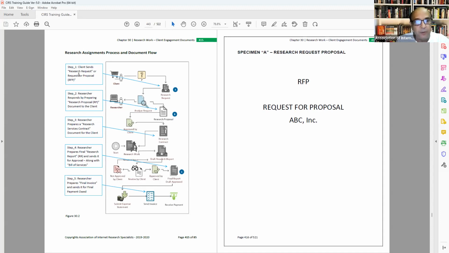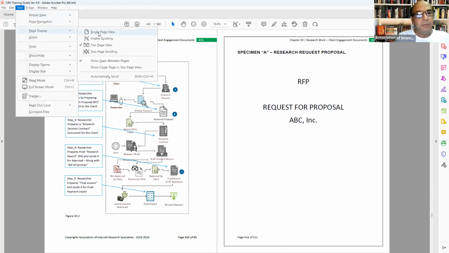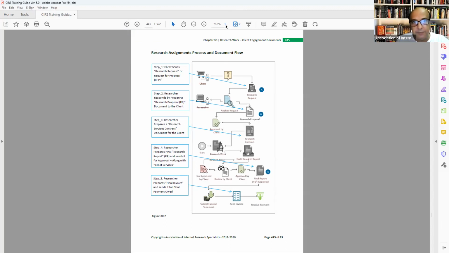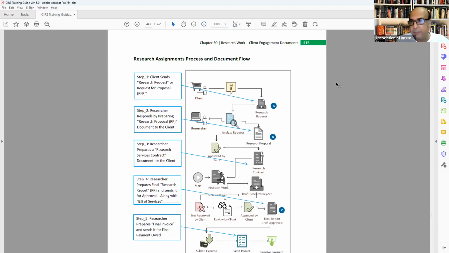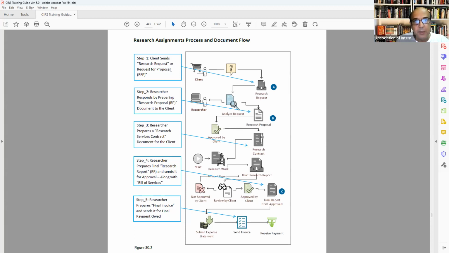In your book on page 415, you can see these document flows which are defined here. It's an illustration. It starts with the client sending a request for proposal, which we'll abbreviate as RFP.